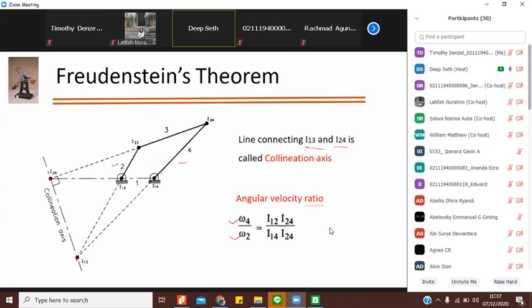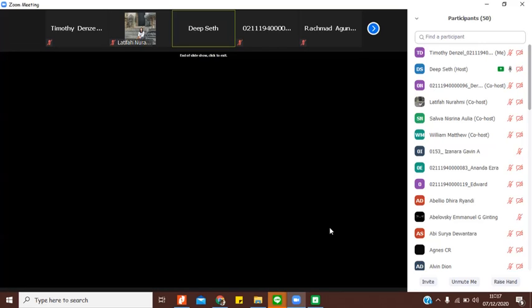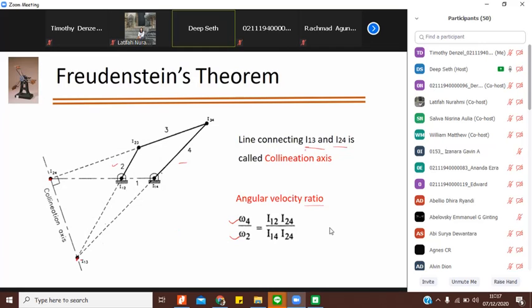These two links you can consider, and because it is the same instantaneous center of velocity, we can write it as I12 to I24 over I14 to I24, this distance.